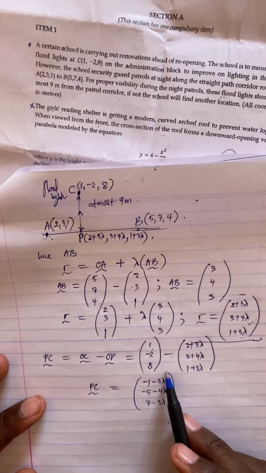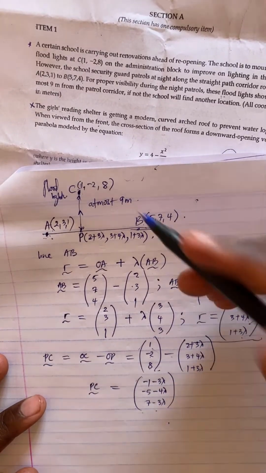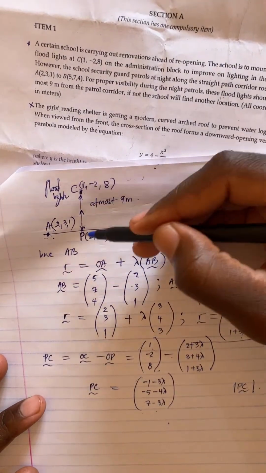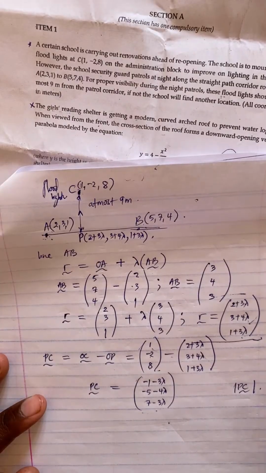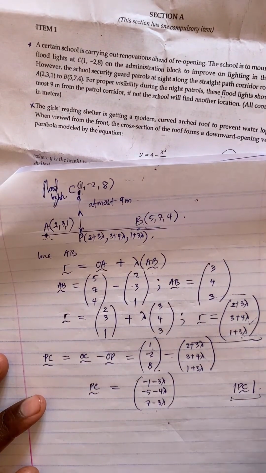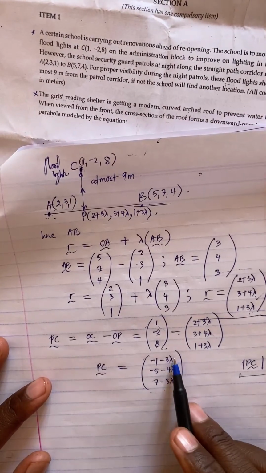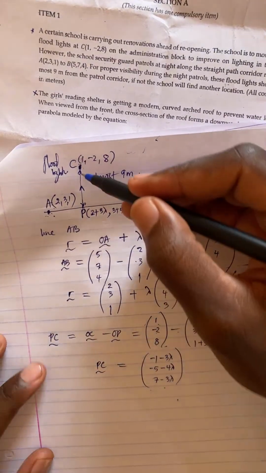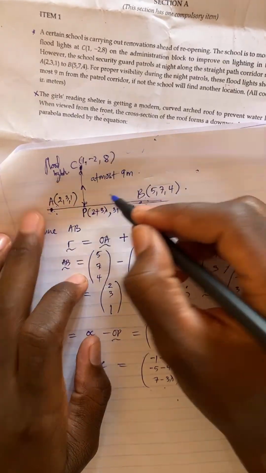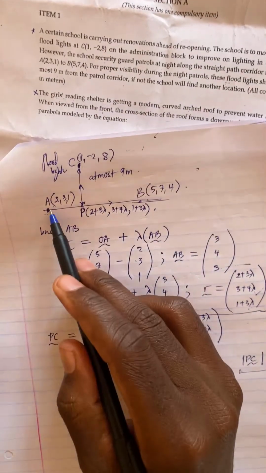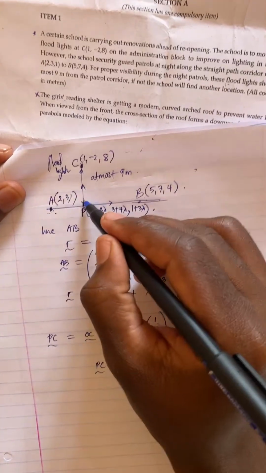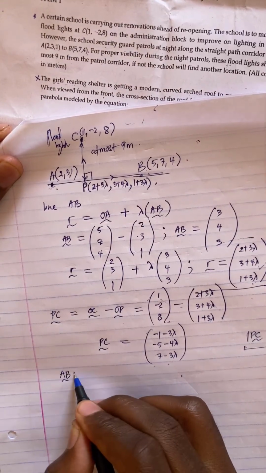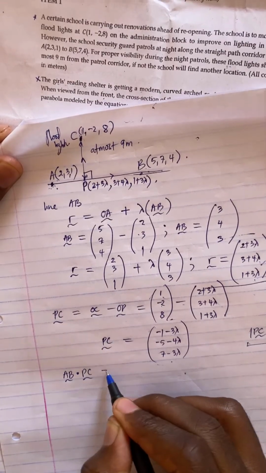If we can get the actual value of PC, we shall then get its magnitude. Its magnitude will be the distance from C to P, which we are interested in. So how shall we get the value of lambda? We know that PC and any other direction vector like AB are perpendicular, and when AB is dotted with PC, we always get a 0.